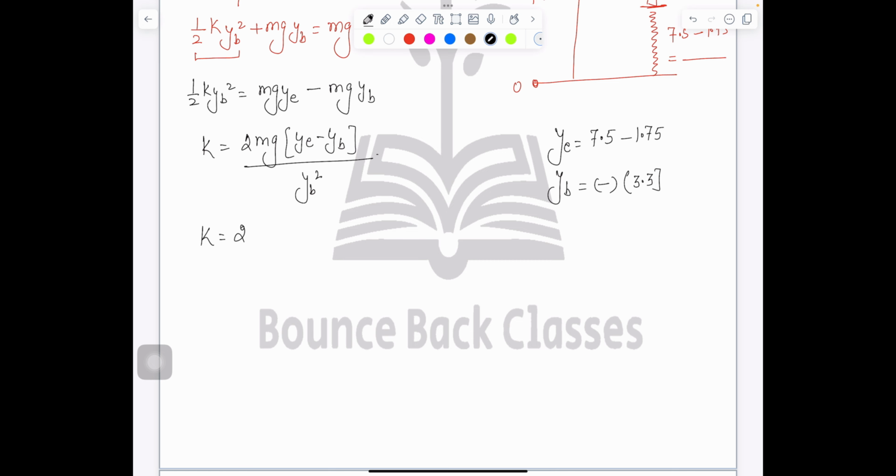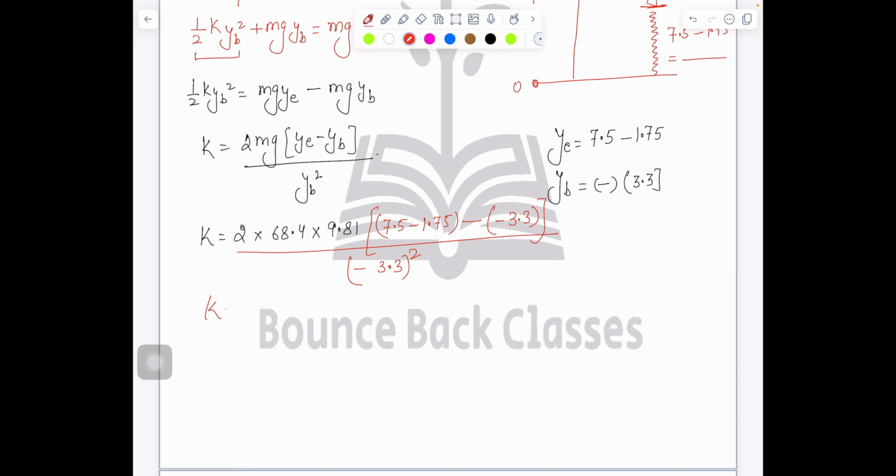k is equal to 2. What is the mass of the body? 68.4 multiplied by 9.81. Now bracket, 7.5 minus 1.75, bracket, minus 3.3, bracket close, divided by negative 3.3 whole square.